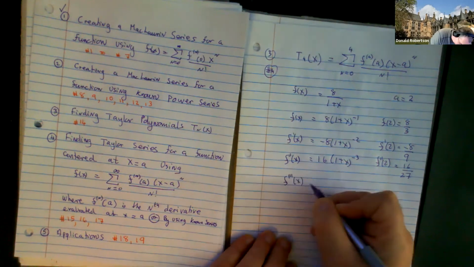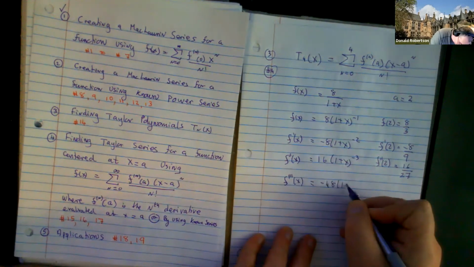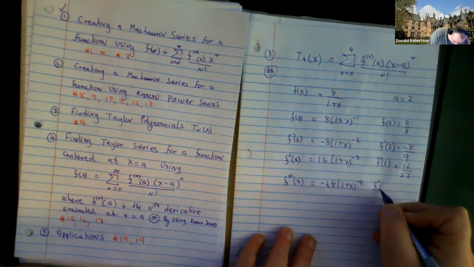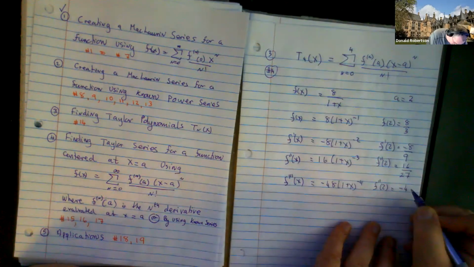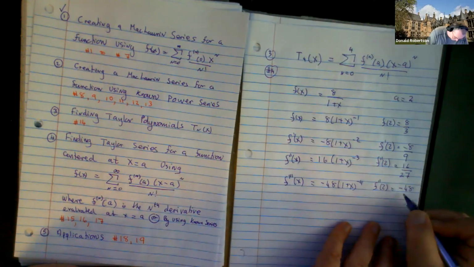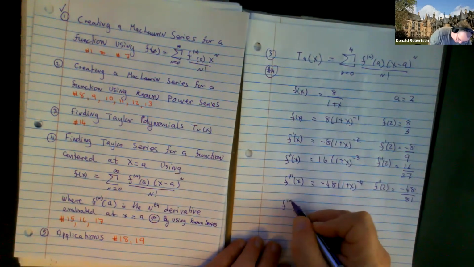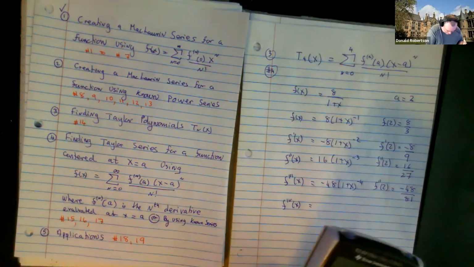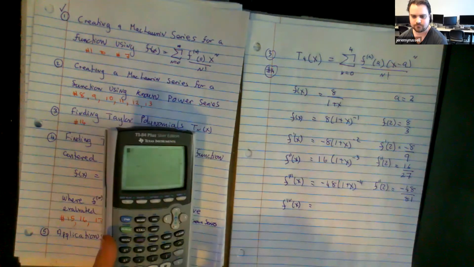For this one here, it's negative 48, 1 plus x to negative 4, and the third derivative at 2 ends up being negative 48 over 81. And our last guy is, it's already getting ugly, isn't it? 48 times 4, correct.